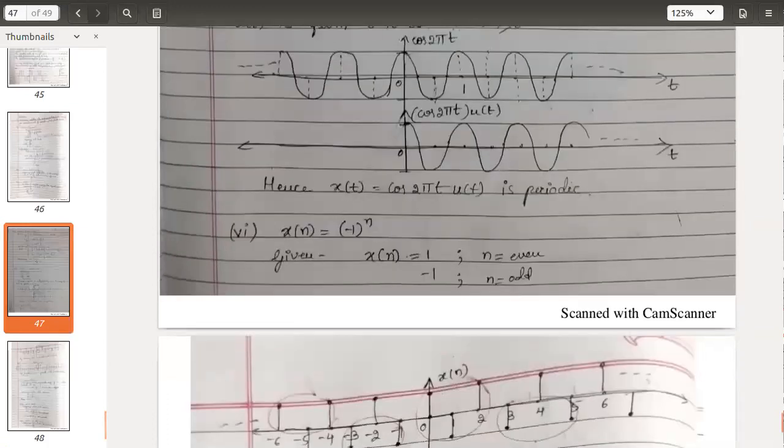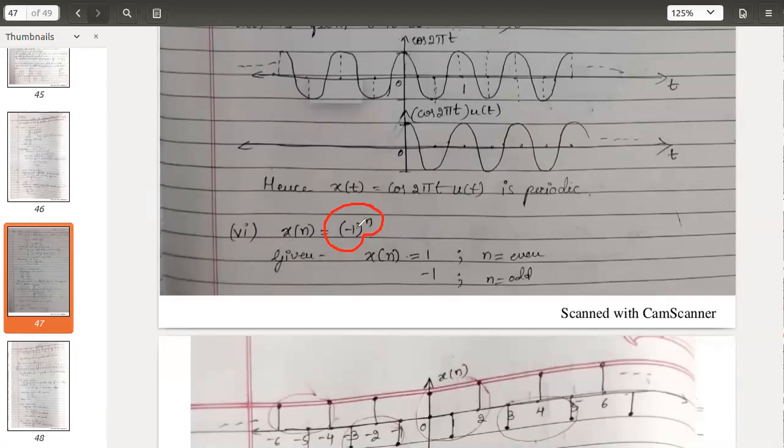Now, the next question is x of n is equal to minus 1 raised to n. They have not given you the signal, how it looks, but in the form of an equation they have specified minus 1 raised to n. So n range तो नहीं दिये हैं, so you have to consider all values 0, 1, 2, 3, 4, minus 1, minus 2, minus 3, all values from minus to plus infinity.